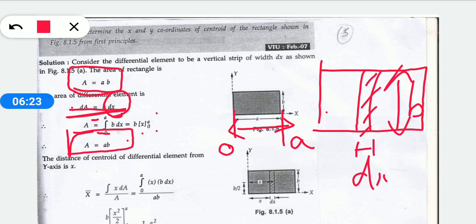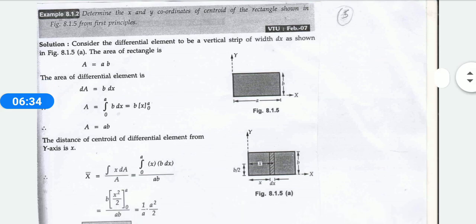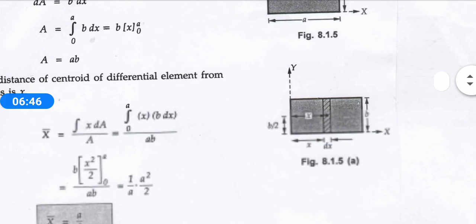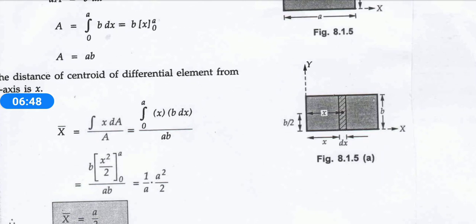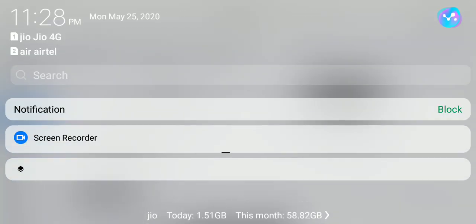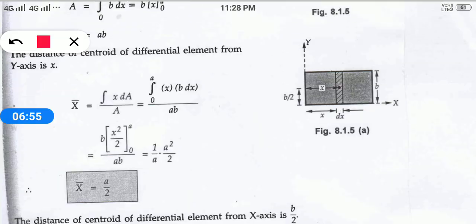Then what is the procedure? We need to substitute in our x bar and y bar, because what did we already get? We already got a and dA also. So we need to substitute in the x bar and y bar. For that, in the x bar, the formula is x into dA divided by a. So we need to find what our x value is, right? To know that, you need to find the centroid distance. Since this is all like a derivation, this all will have a constant value.